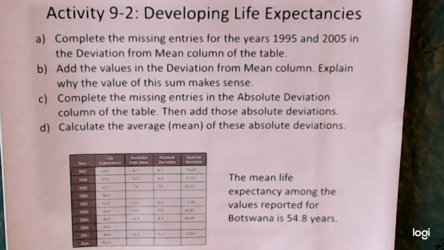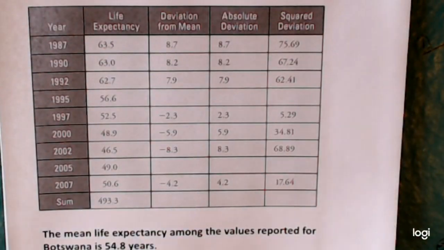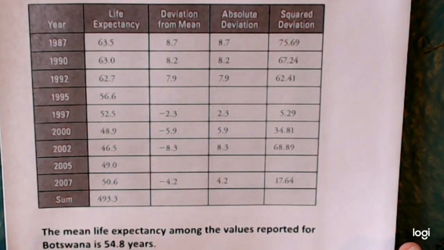The first thing we need to do is calculate the mean life expectancy, if we're going to do Botswana. We're told, they did the work for us, the mean life expectancy for Botswana is 54.8 years. My table's a little hard to read there, so I've got a blown up version here, and we're going to use that.